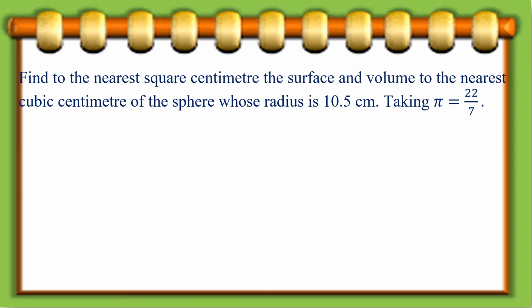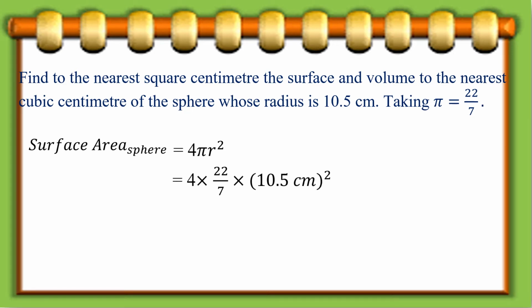Now let us have example number 2. Let us read together the problem. Find to the nearest square centimeter the surface area and to the nearest cubic centimeter the volume of the sphere whose radius is 10.5 centimeters. Taking pi equal to 22/7. We all know that the formula for the surface area is 4 pi r squared. The radius is 10.5 centimeters and pi is 22/7.